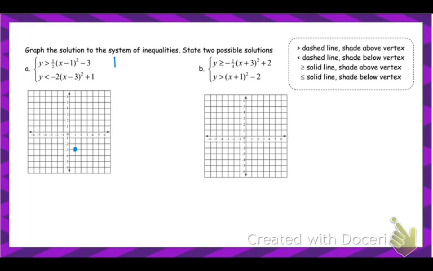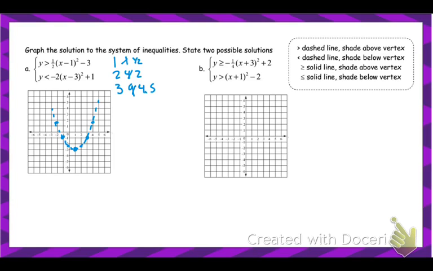So instead of going over 1, up 1, over 2, up 4, and over 3, up 9, we'll be at 1/2, 2, and 4.5. So from the vertex, I move that amount. Right 3, and up 4.5. And then this one's going to be a dotted line.